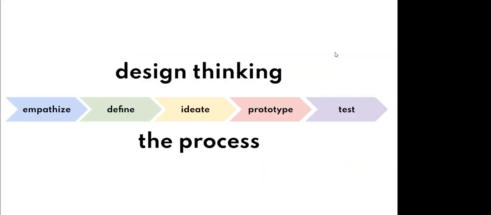Now, the design thinking process is as follows, and we'll go through the individual stages of this process. There's the empathize, define, ideate, prototype, and test.